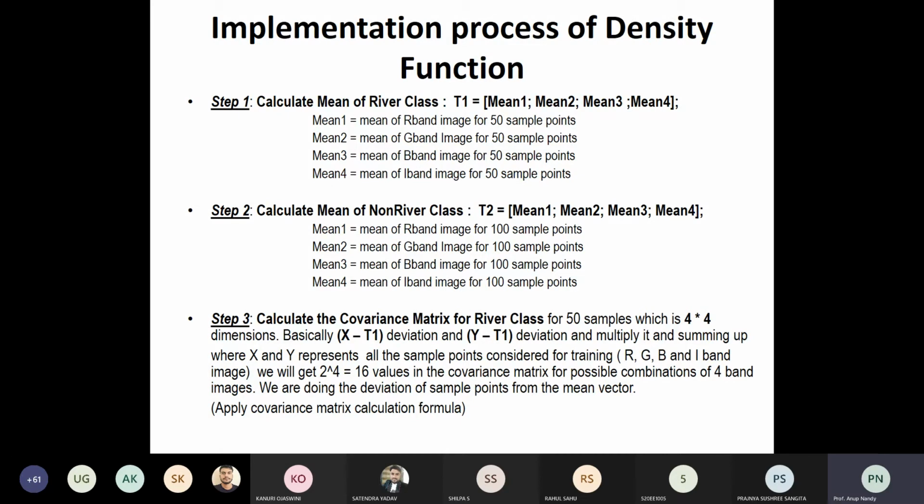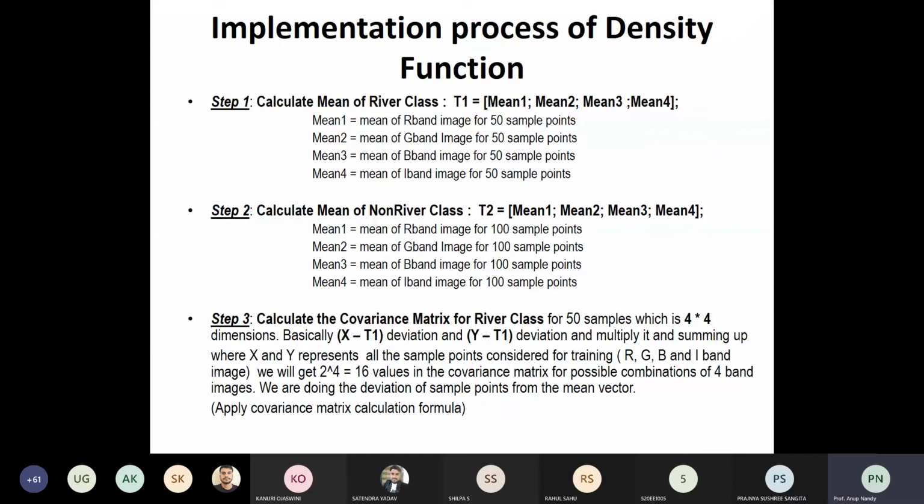Mean 2 is the mean of the G-band, mean 3 is the mean of the B-band, and mean 4 is the mean of the I-band for 50 sample points. Because you have already told me that the size of the feature matrix is 50 cross 4 for the river class, and for the non-river class it is 100 cross 4. So now you have to do the column-wise mean. Is it clear?